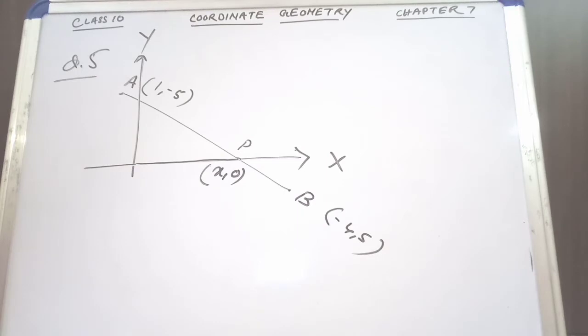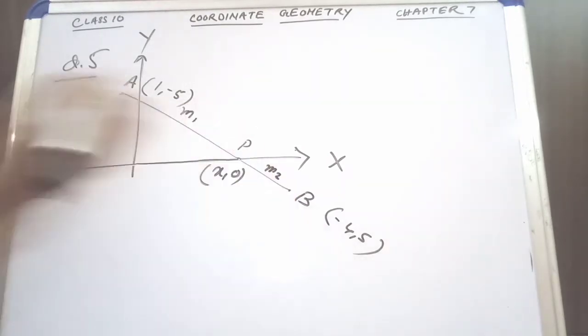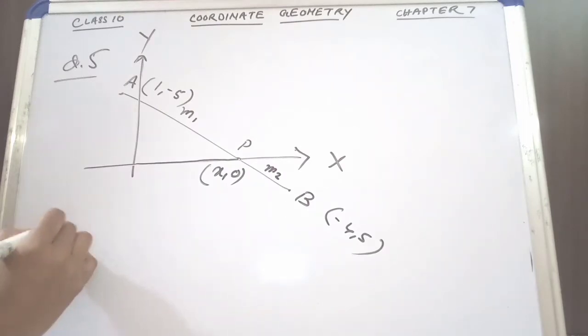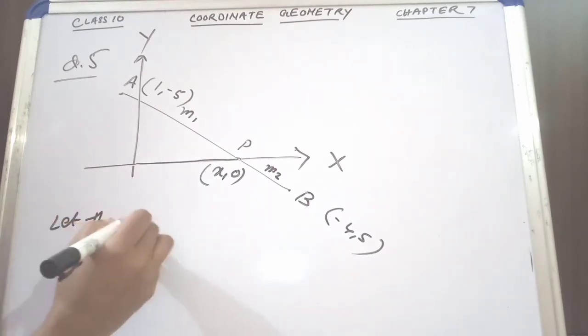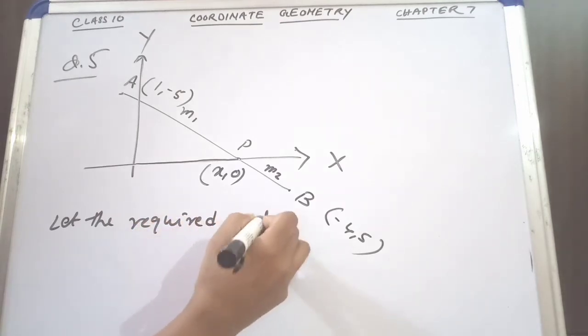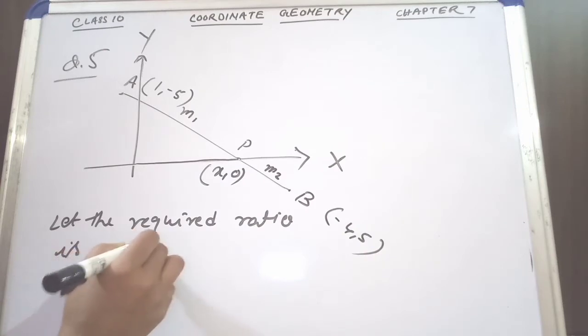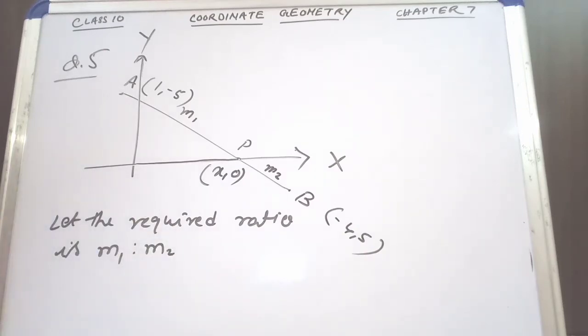Now you have to find the ratio. Suppose this ratio is m1 is to m2. Let the required ratio be m1 is to m2.